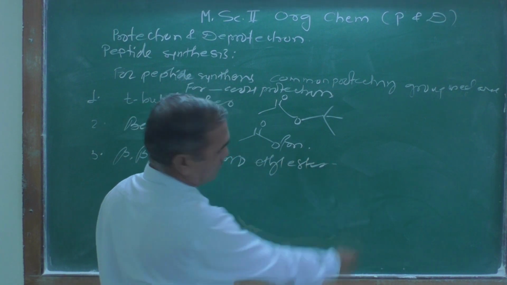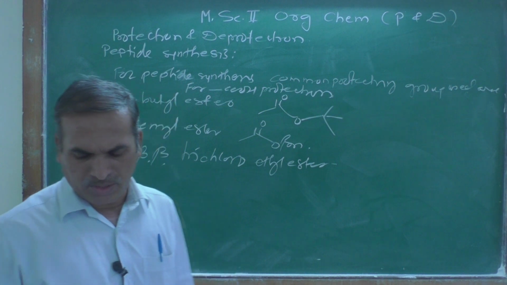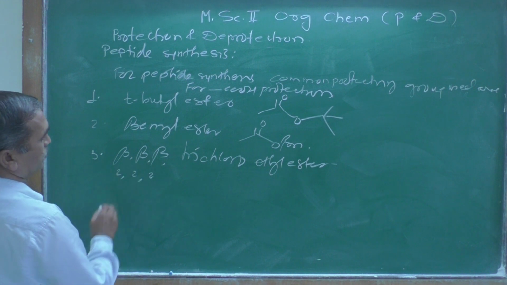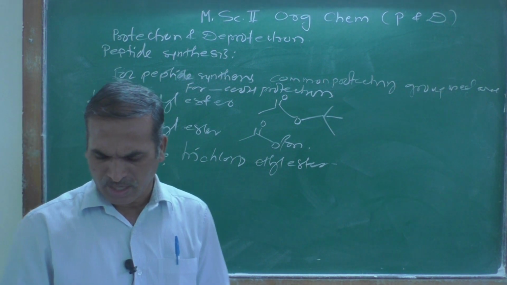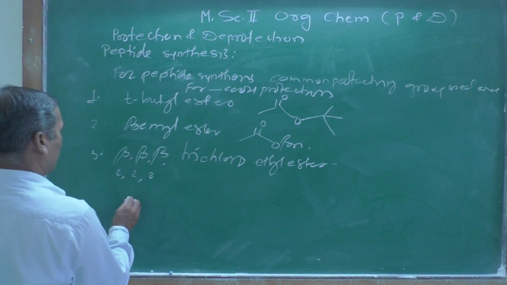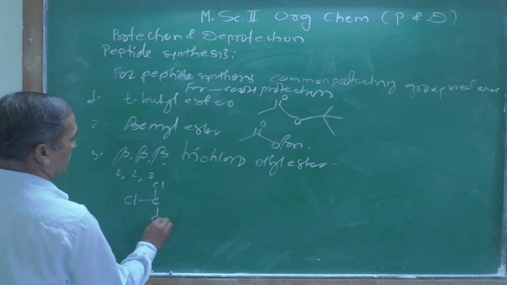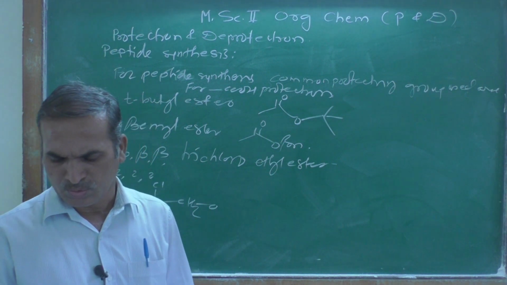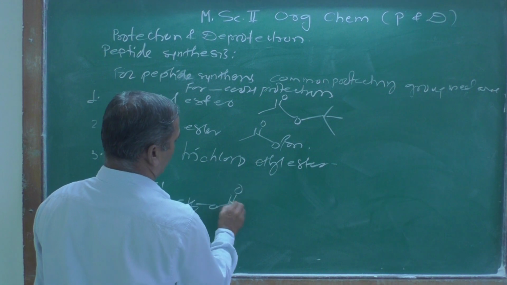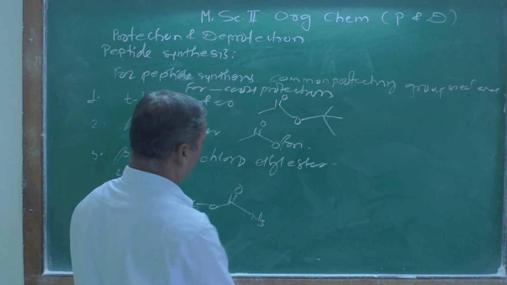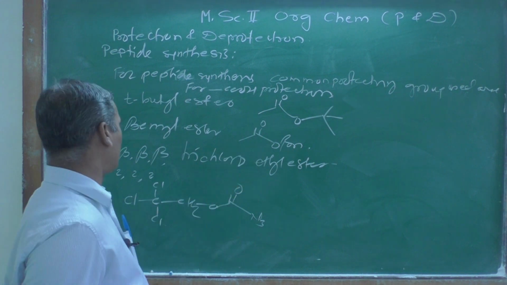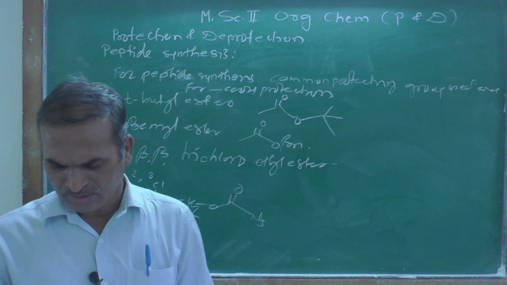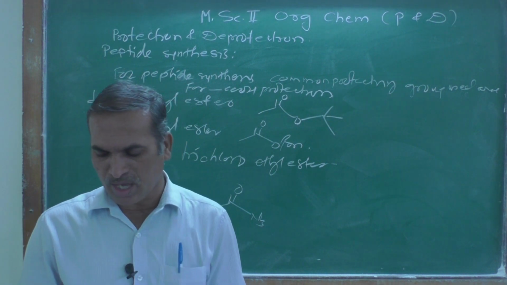We can call it 2,2,2-trichloroethyl: Cl, Cl, Cl, CH2O, then C double bond O. So that type of compound is called the trichloroethyl ester.